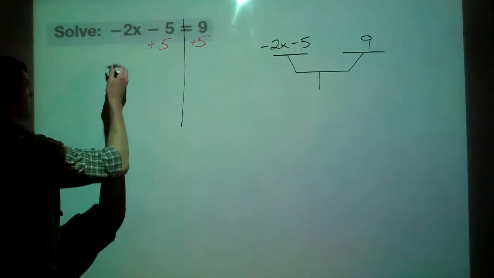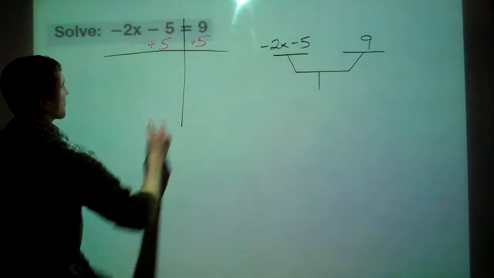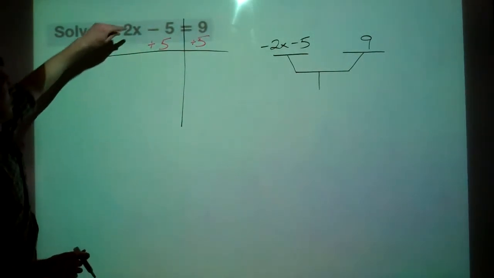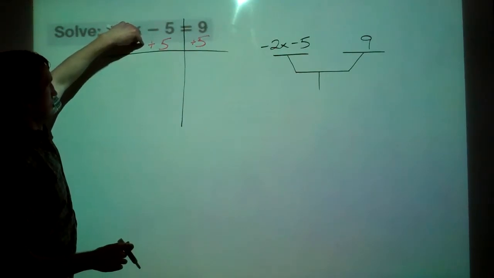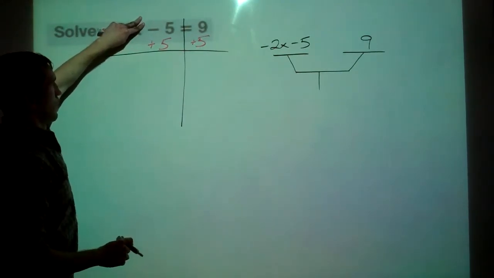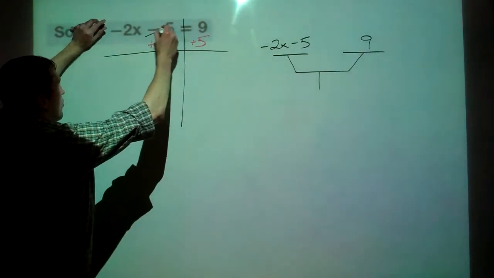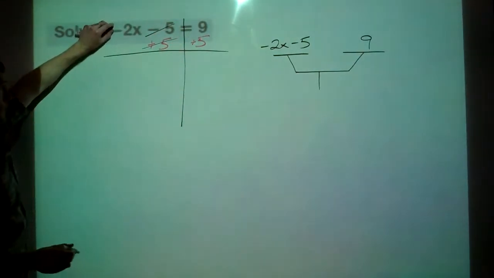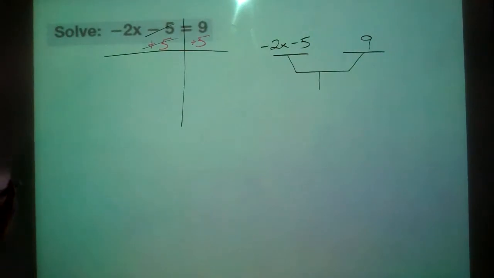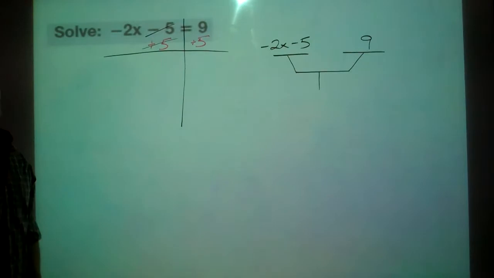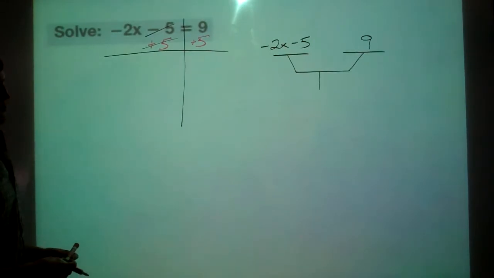Alright? Draw a line. And if we do a minus 5 and a plus 5, together, we get 0, or they cancel each other out. So what I like to do is just say that those two cancel out with each other, and then there's nothing left. Remember, if we add 0 to something, it doesn't change what we're adding to, right? That's one of our properties, the additive identity.